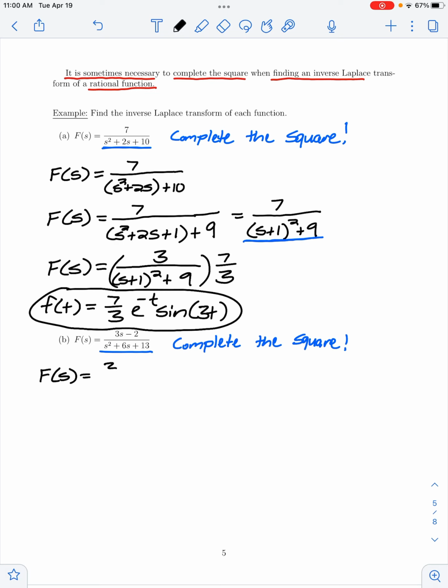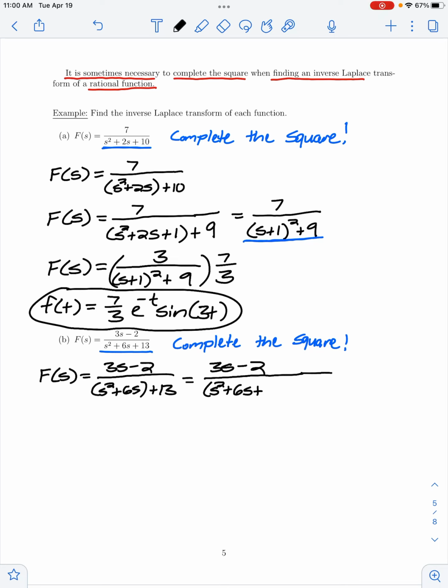Here, F of s is 3s minus 2 over, well, if I think about my s squared plus 6s being together, I ask myself, what would I need to add to that quantity so that it could then be factored as a perfect square? So here, the value that I would add is half of my coefficient for s.